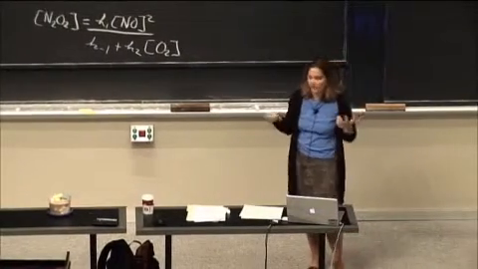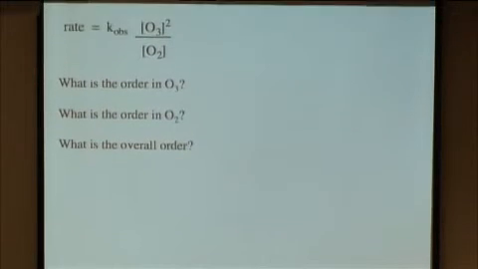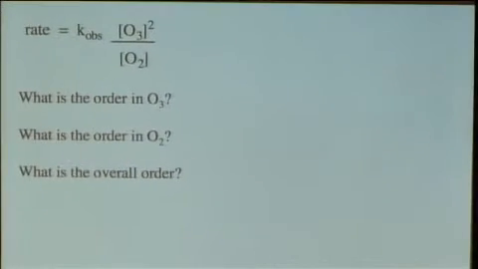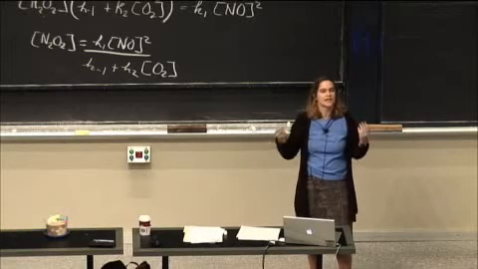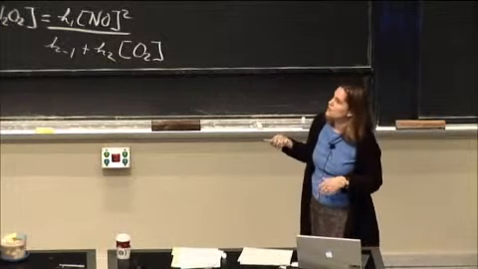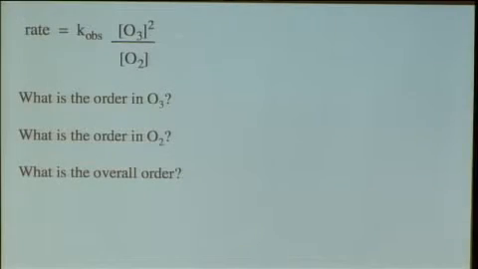So let's think about, if that's true, what we should expect if we do some experiments, what we should expect about the order of the reactions and what would happen if you double concentrations of things and look for the effect. So if you're going to test this proposal, what would we get?